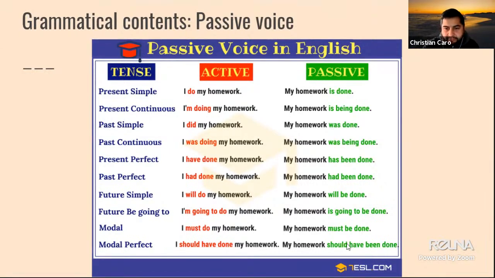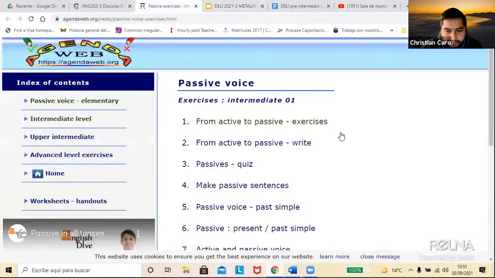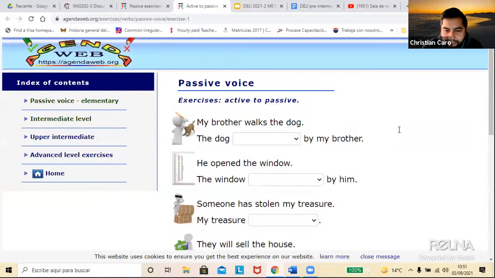All right. So we're going to practice with that. Hold on, right here. We're going to change the sentences from active to passive voice. All right. We can make mistakes because we're learning.